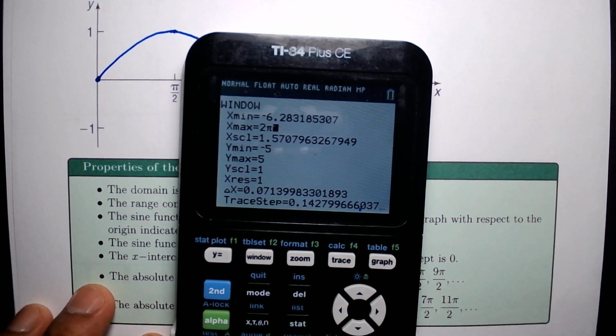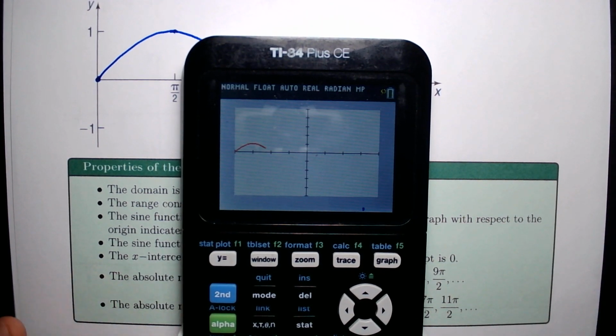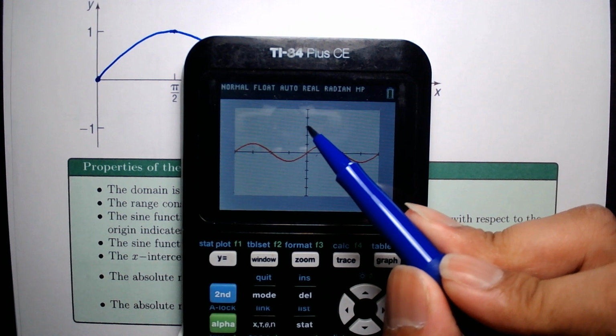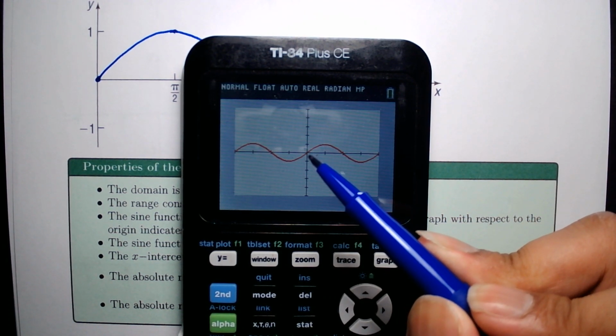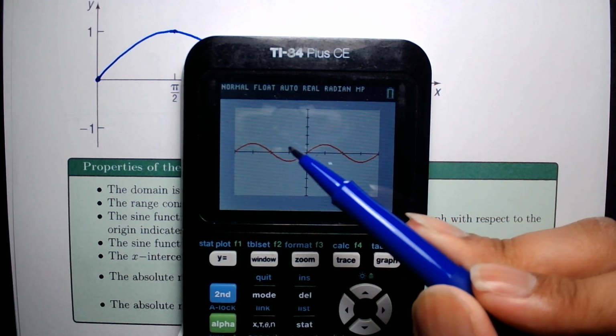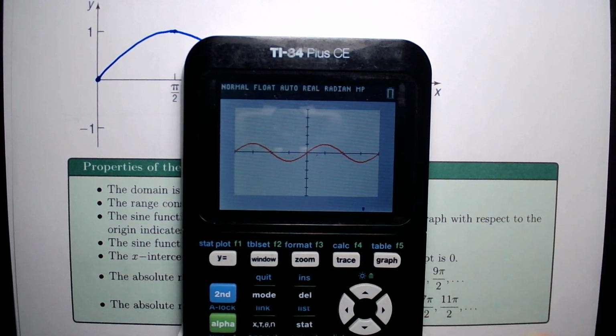That way you can see when you look at the graph, because I just did by hand only the positive side. If you focus on the origin, you can see the graph is symmetric to the origin. Actually, if you rotate the graph 180 degrees, you obtain the same graph again.